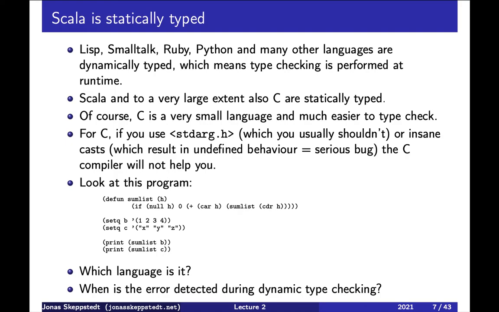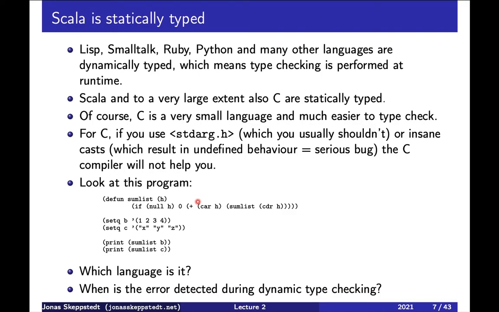So the compiler must check that the types are correct. It's the same thing for C. There the compiler must check it as well, although there are cases in C where it cannot, if you use this standard argument. But we will come to that later.